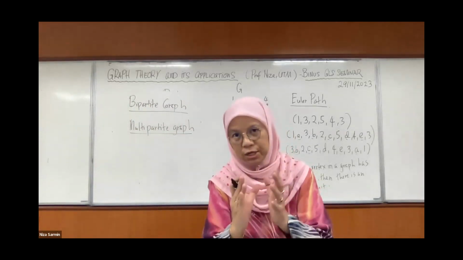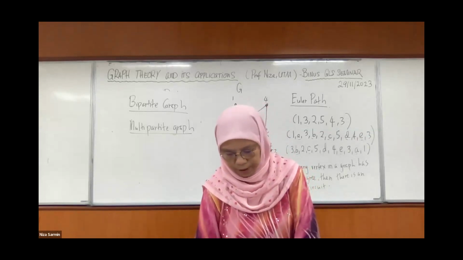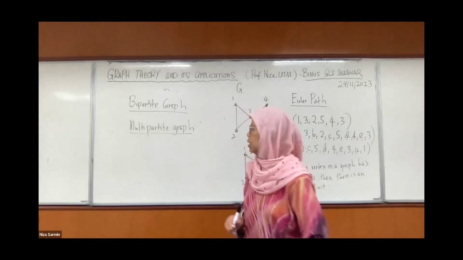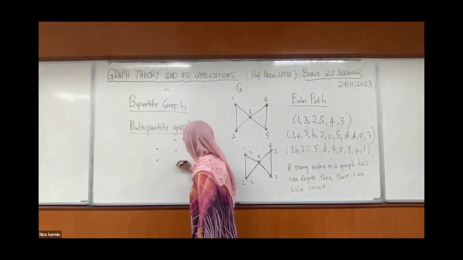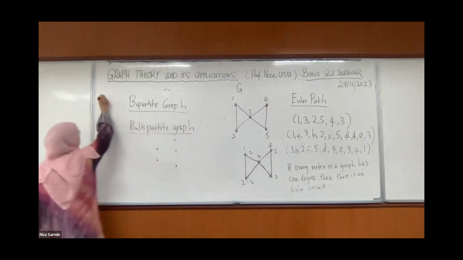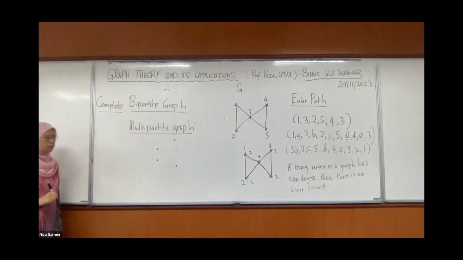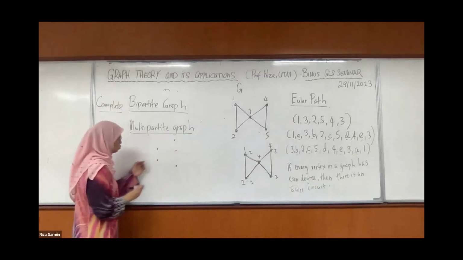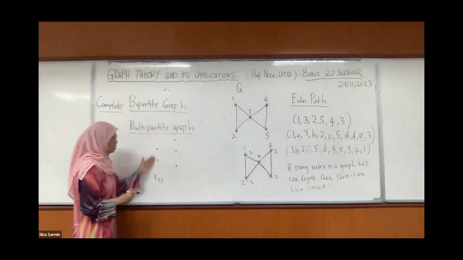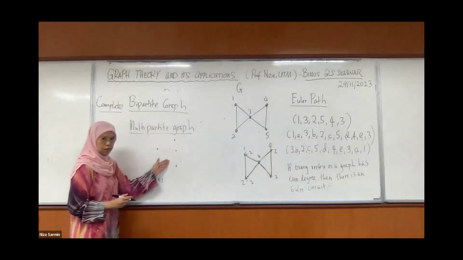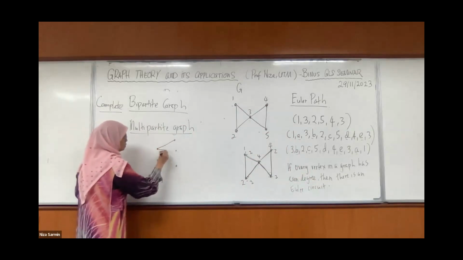You can partition the vertices into different sets. For example, if we add complete here, that means bipartite, you have 2, 3. Within this set and this subset, they are not adjacent, but they are adjacent like this.